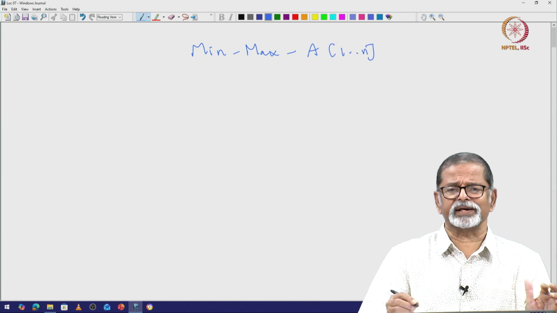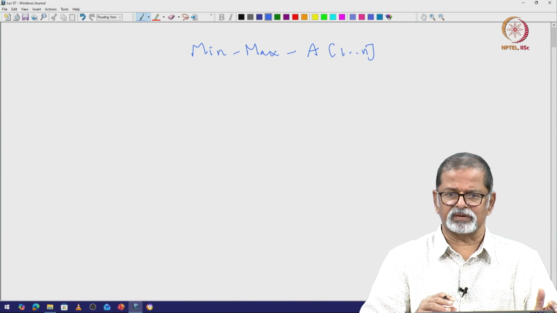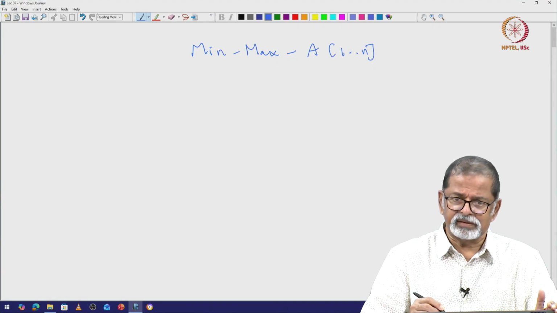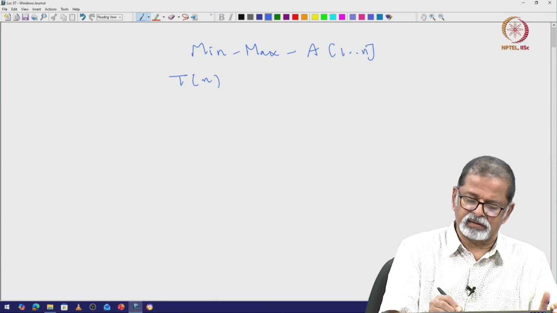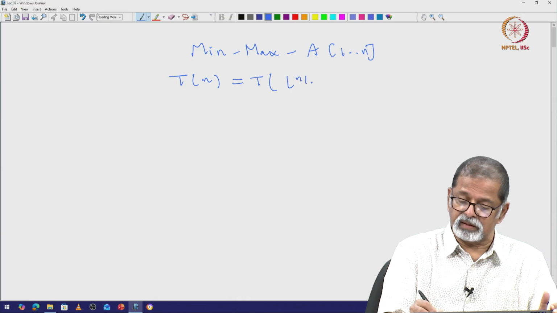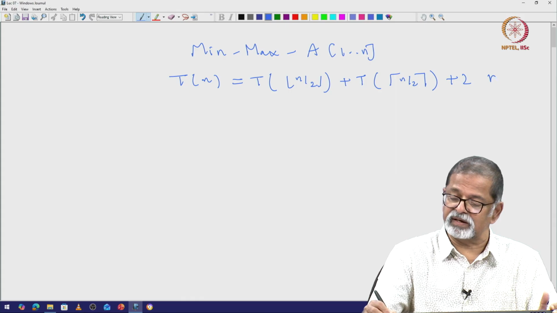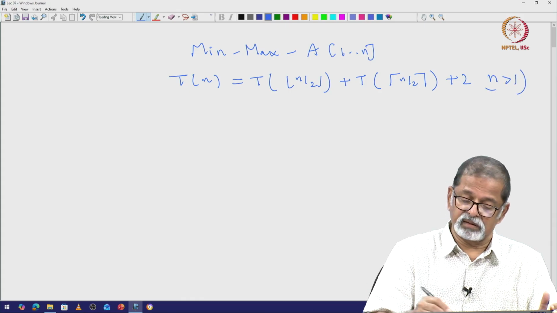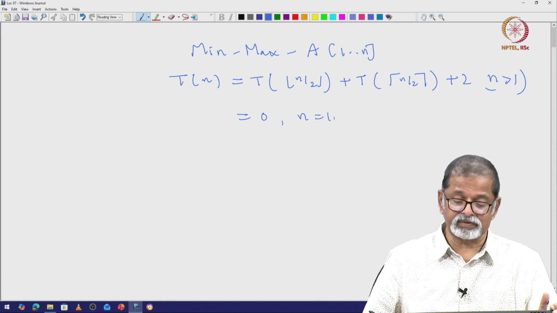We have seen a direct divide and conquer algorithm, a naive application of the divide and conquer technique, and that algorithm had a complexity T of n given by T of floor n by 2 plus T of ceil n by 2 plus 2 if n is greater than 1, and equal to 0 if n equal to 1.